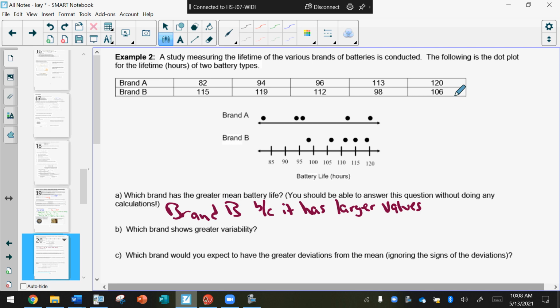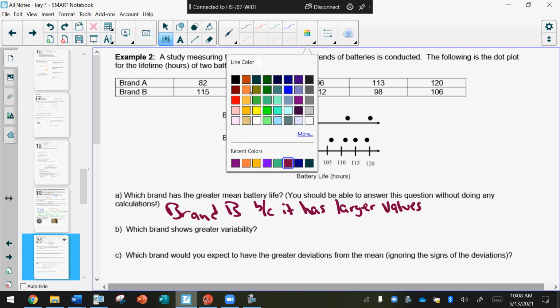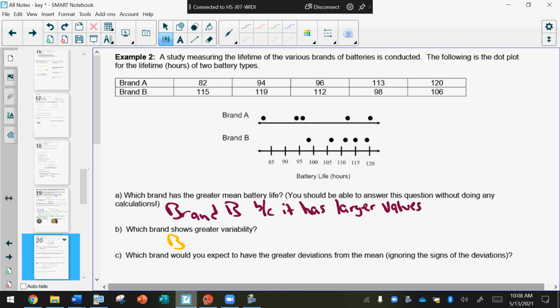Which brand shows a greater variability? Which one shows more spread out battery life hours? That would be brand A, because the battery life hours are more spread out for brand A. Which brand would you expect to have the greater deviations from the mean?